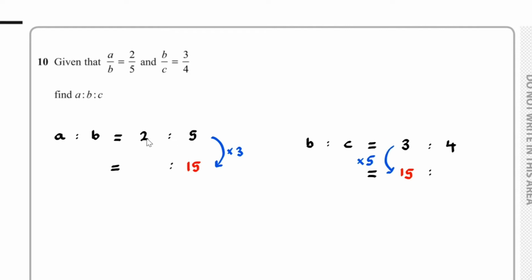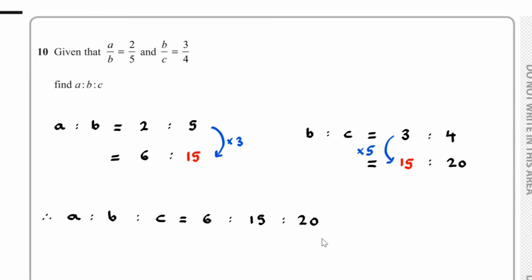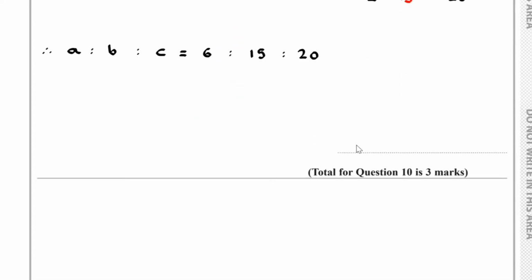So I need to multiply 2 by 3 to get 6, 4 by 5 to get 20, and from that we can conclude A to B to C is equal to 6 to 15 to 20.